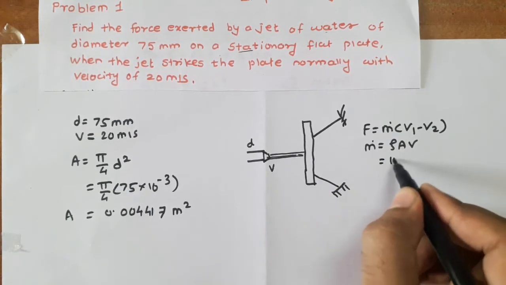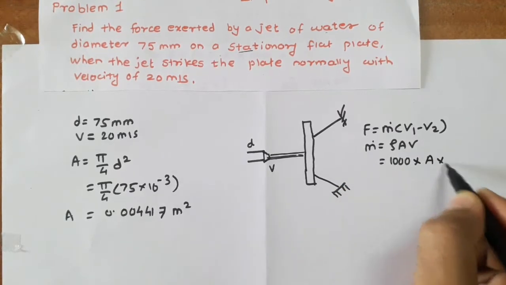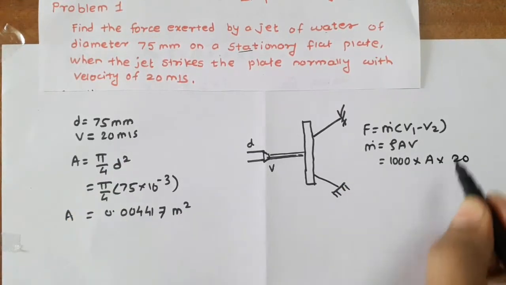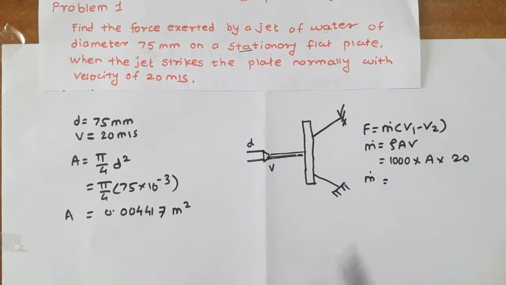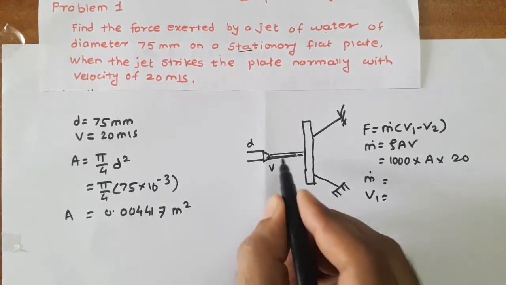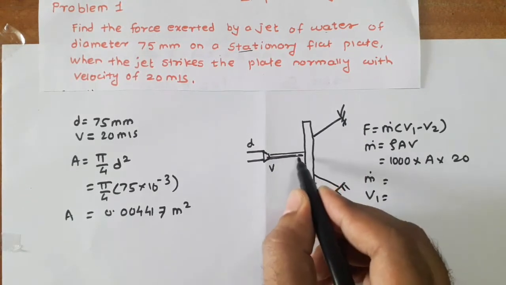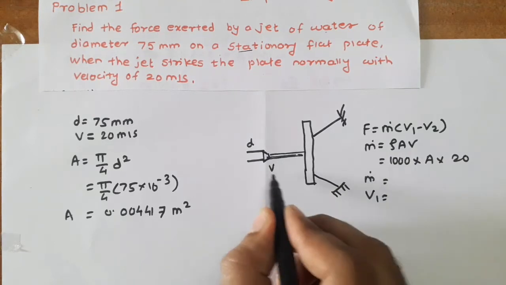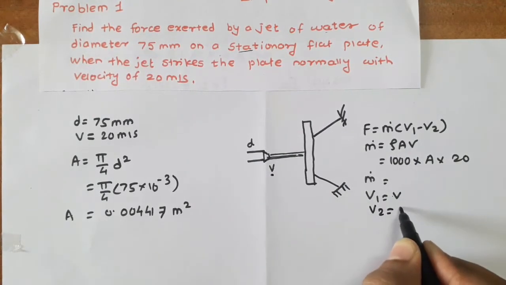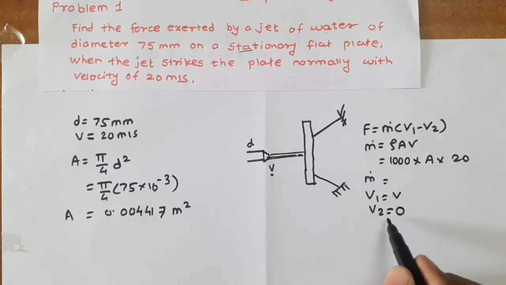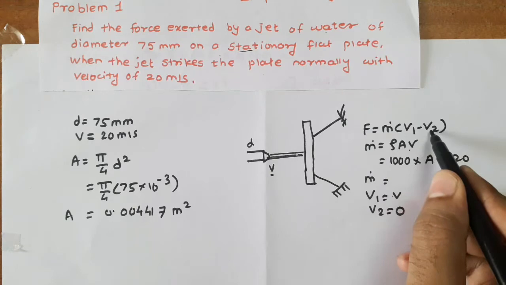So the density is 1000, area we know, and velocity is 20. So we can calculate the m dot value separately. Now v1 is the incoming velocity, and v2 is the velocity after striking. So v1 is v, and after striking the velocity of water is lost, so v2 is equal to 0.